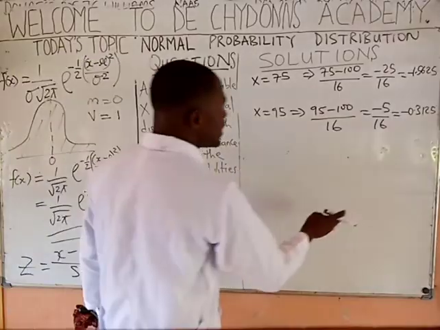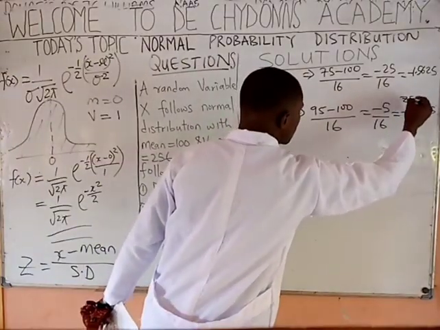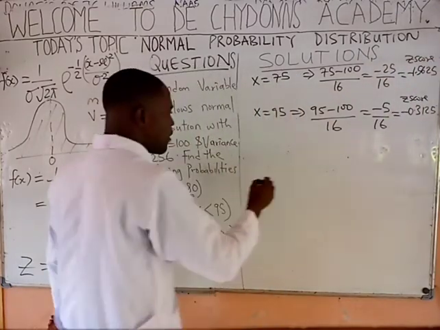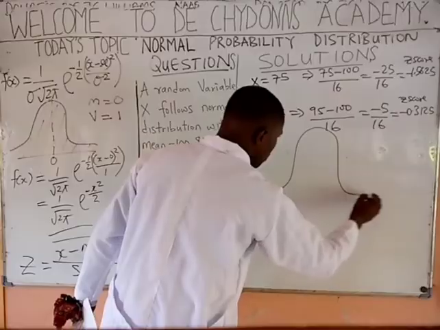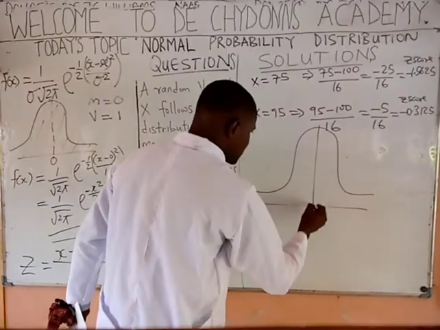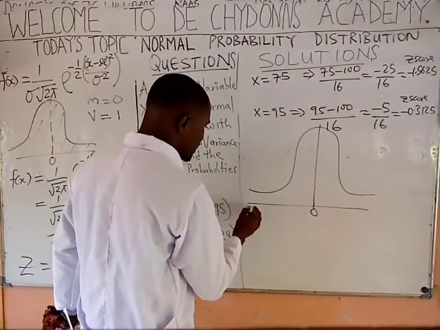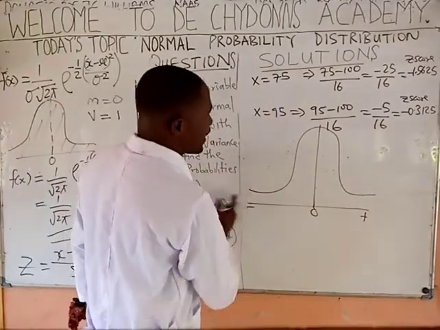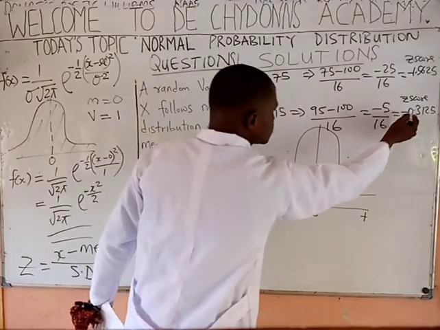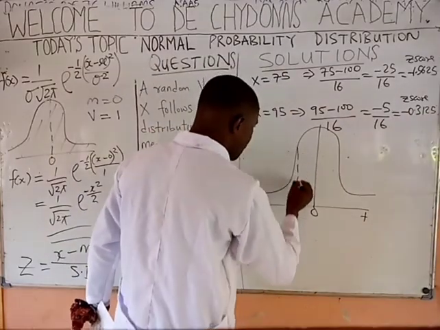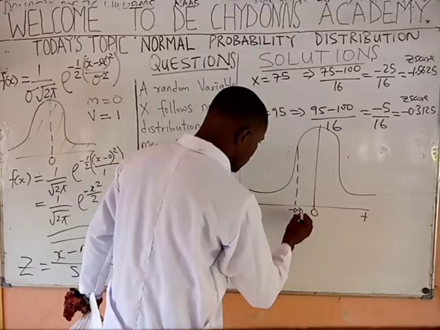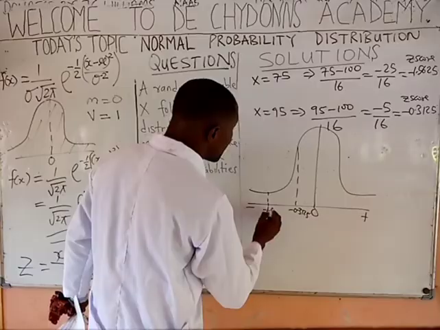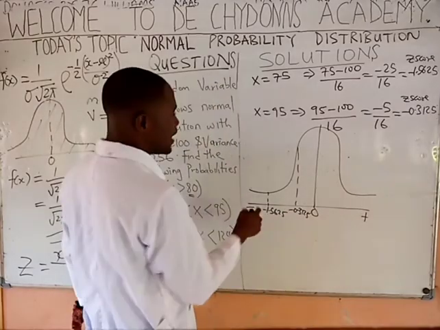Now, we have succeeded in converting it to z-score, so we can now put it in our normal distribution curve. Yes, the mean is 0, this is negative, this is positive. As you can see, this is the negative part. Then minus 0.3125 will be located first, then minus 1.5625 will be located next.